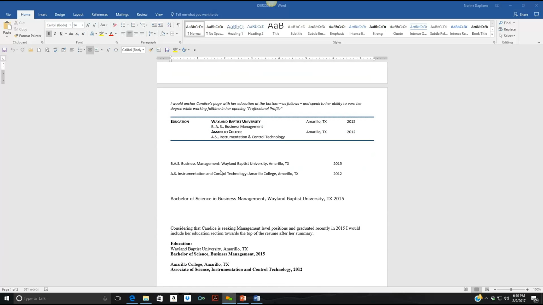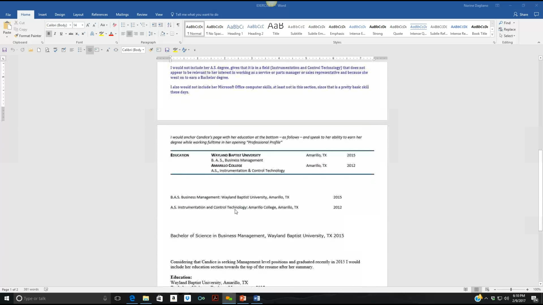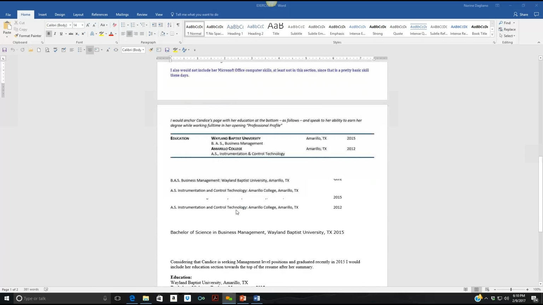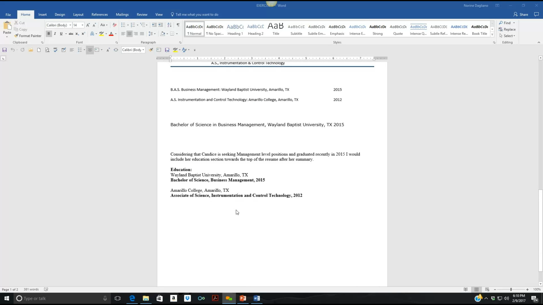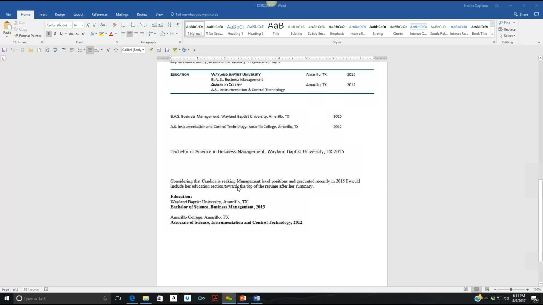Can you make less spacing between two lines of text, use the incremental spacing, or do you want to put them right next to each other? So there's a lot of different ways you can look at it. And then the final one on here is just another one that's using a breakout of the two different degrees with the dates.